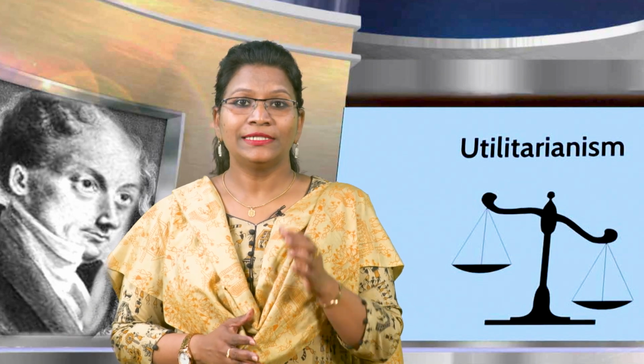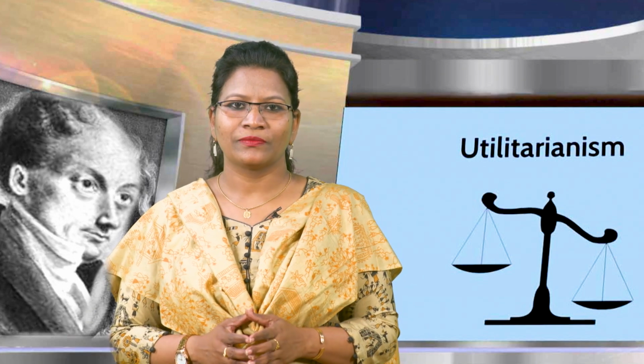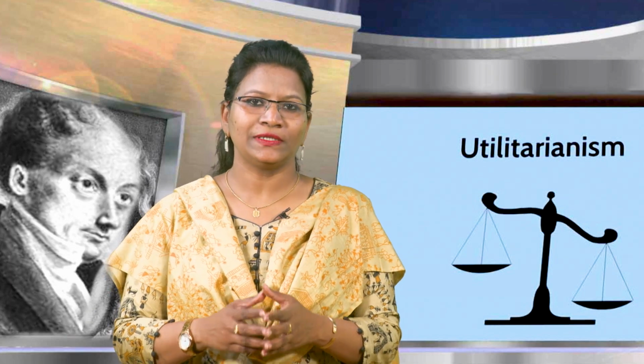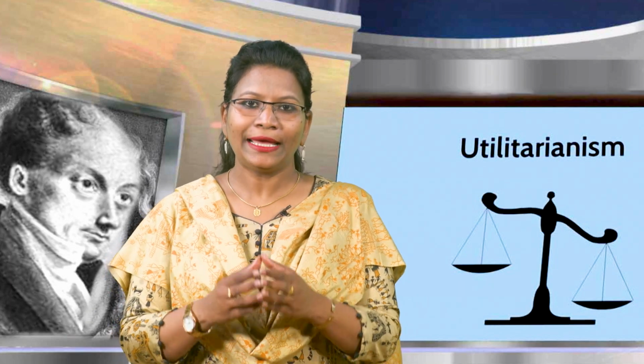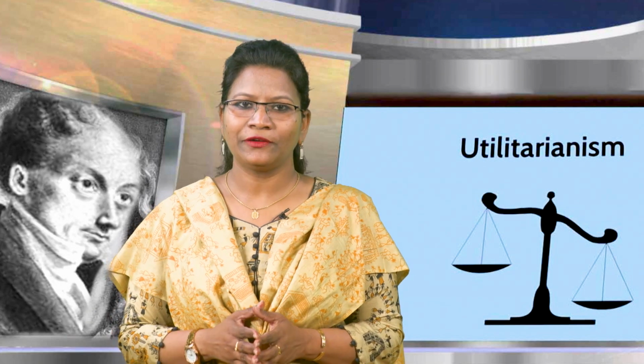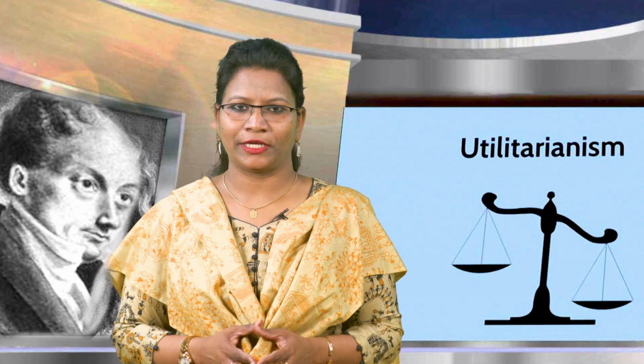Therefore, James Mill's solution is to suggest a representative democracy where people elect representatives who rule on their behalf for a fixed period of time.